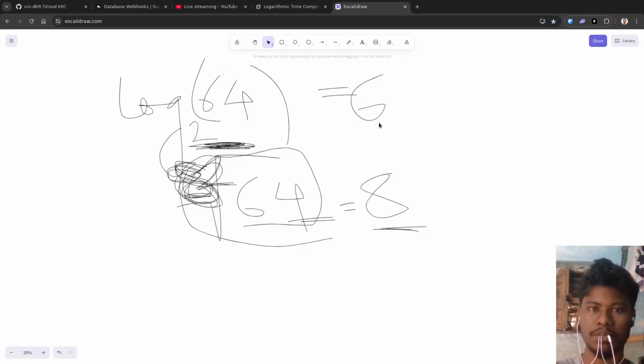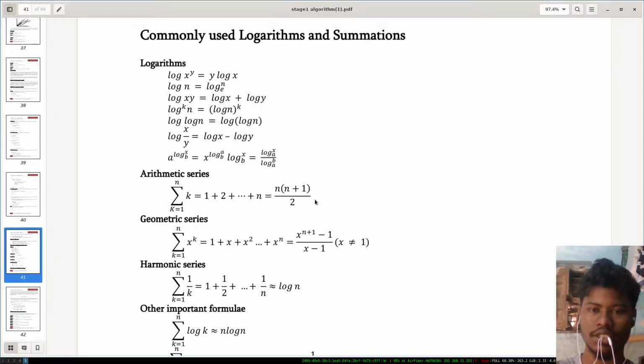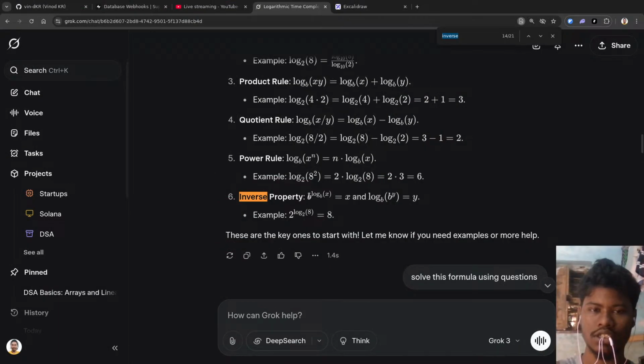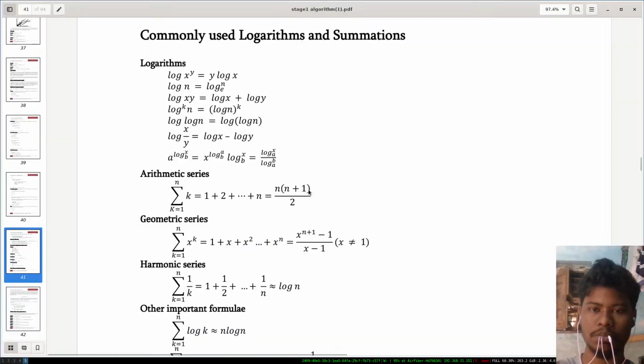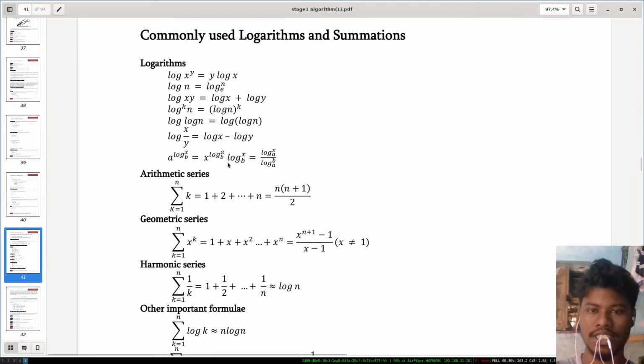B log P, P raised to the power log XP. That means, no, this is not it. It is not it, but it's kind of this. That means we do a log of this.